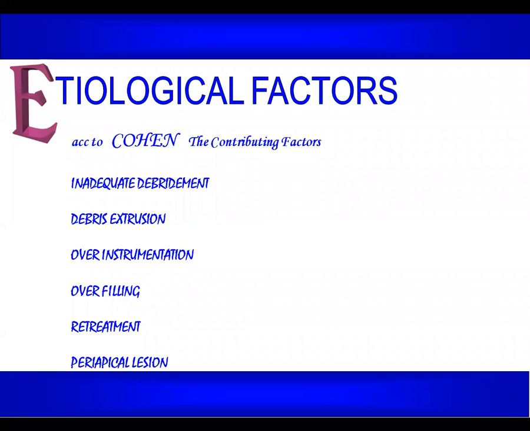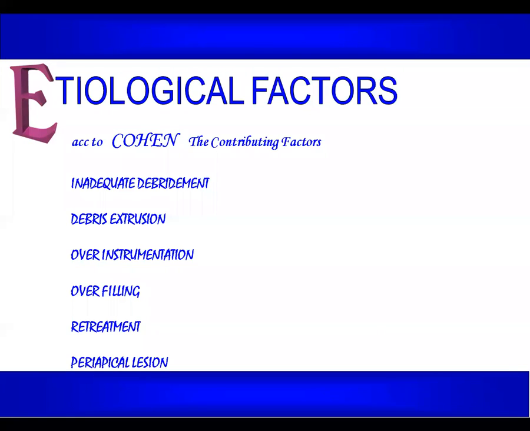Over instrumentation means you are using your intracanal instruments for more than the required time. If less is required, you are using more. That is known as over instrumentation. Overfilling is nothing but when your gutta-percha points extrude beyond the apical foramen. That is known as overfilling.